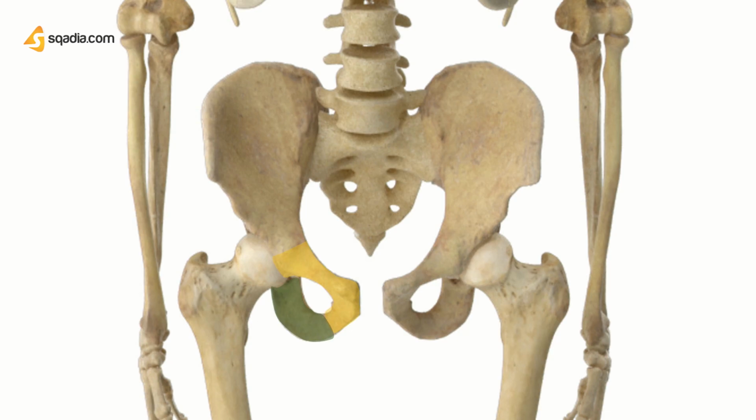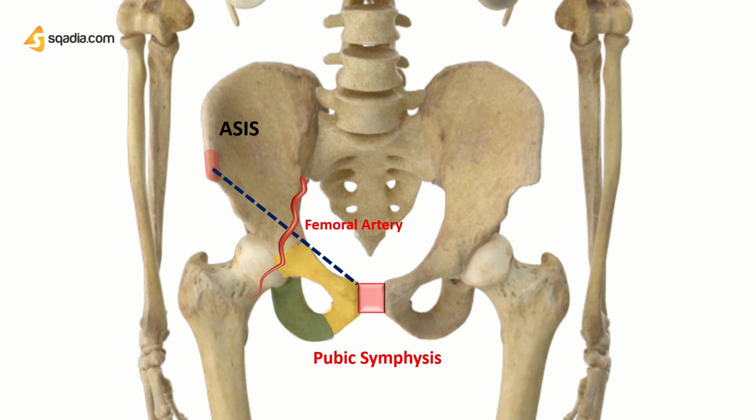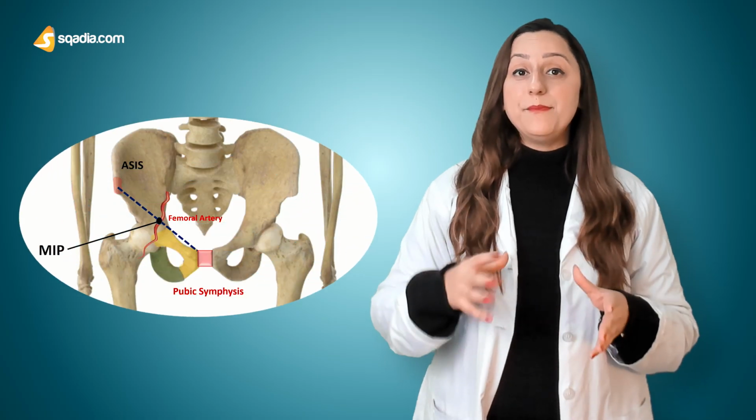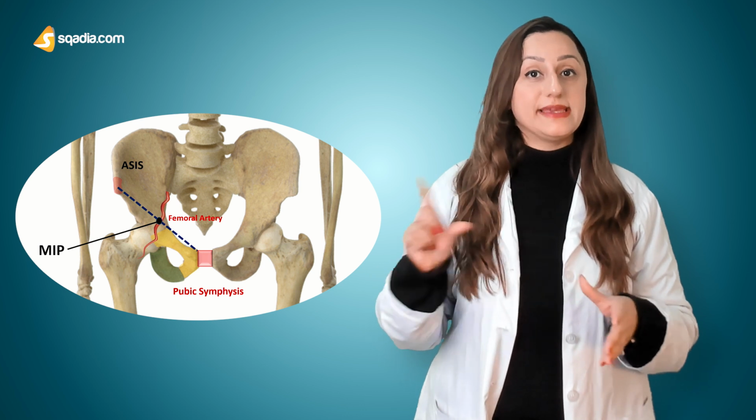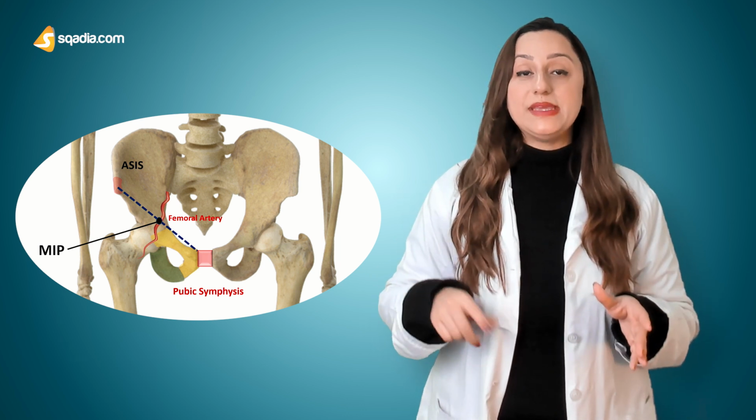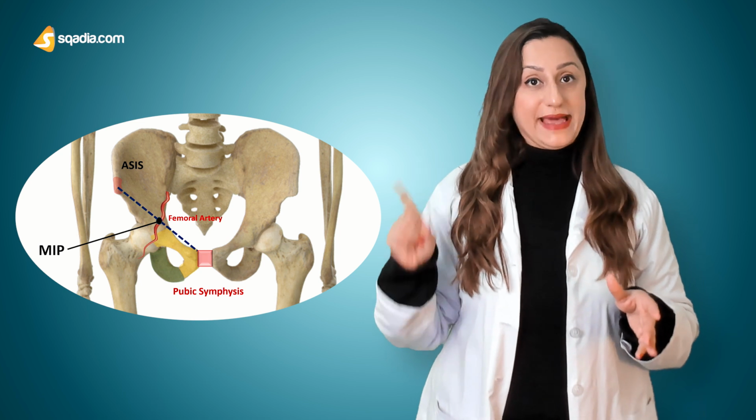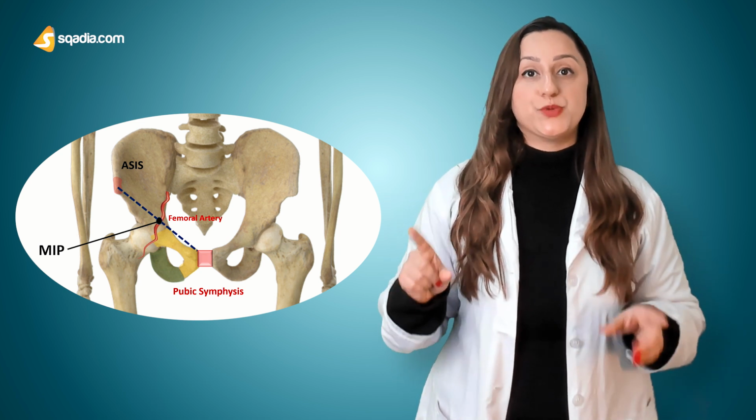Now coming to the mid-inguinal point, which is calculated halfway between the anterior superior iliac spine and the pubic symphysis. You can easily palpate the femoral artery over here, which is very important if you want to carry out arterial blood sampling, for instance. Now, the midpoint of the inguinal ligament is a point between the anterior superior iliac spine and the pubic tubercle.